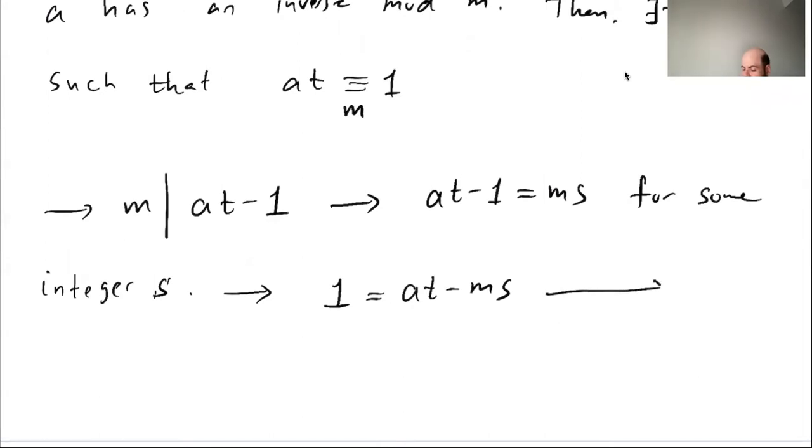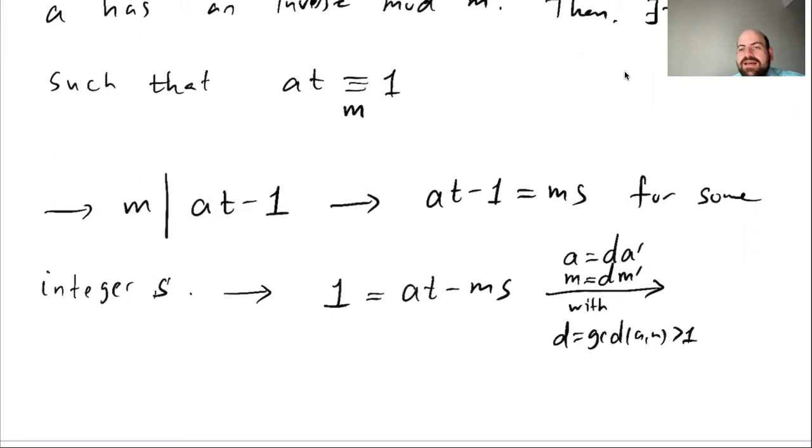So I can write A in the form dA prime, and M in the form dM prime, with D bigger than 1. Here D is the GCD, which is bigger than 1. I'm calling the GCD D, denoting it by D. So D is a common divisor for A and M, right?